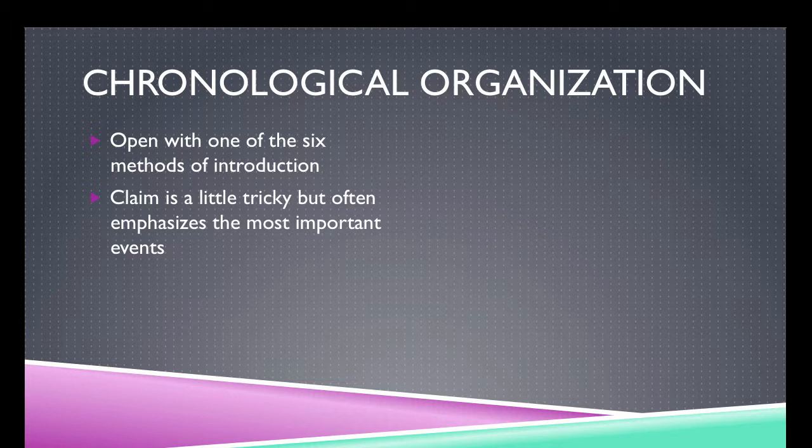The claim for a paper in chronological order might be a little bit different, and if you have any questions about how to write the claim, of course, don't hesitate a moment to email me about it, because if I know what topic you're working with, I can probably guide you a little bit better.